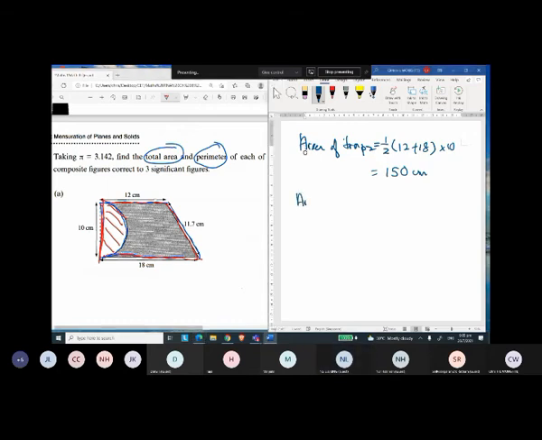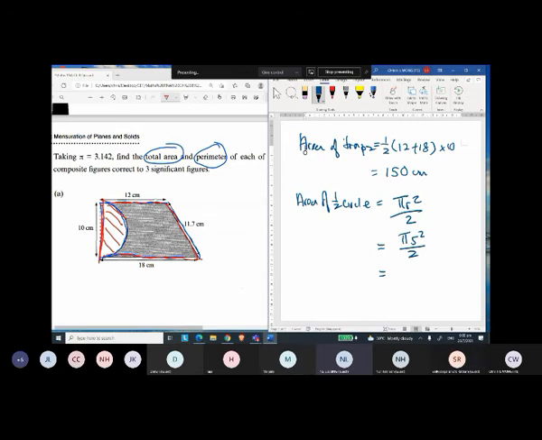So the area of the half circle equals pi r squared, divided by 2, right? What is r? Li-Ling, what is r? 5. So 5 squared, divided by 2. Give me the answer, please.